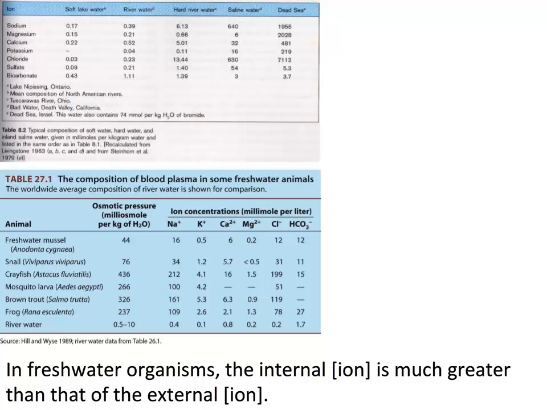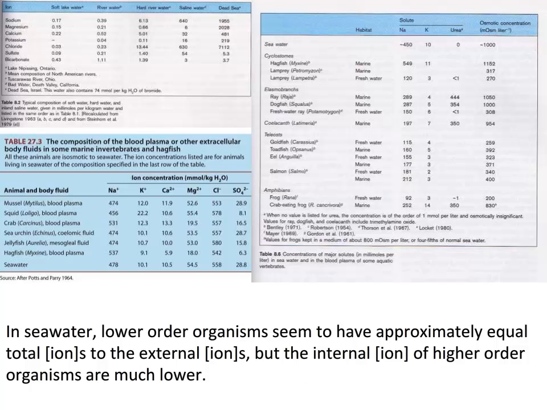So basically, as you should have inferred already, and as I've mentioned, in freshwater organisms, their internal ion concentration is much greater than the concentration of ions externally. So basically, they're hyperosmotic to the hypoosmotic environment, whereas in seawater we have the opposite situation, where higher order organisms tend to be hypoosmotic internally to the hyperosmotic environment.